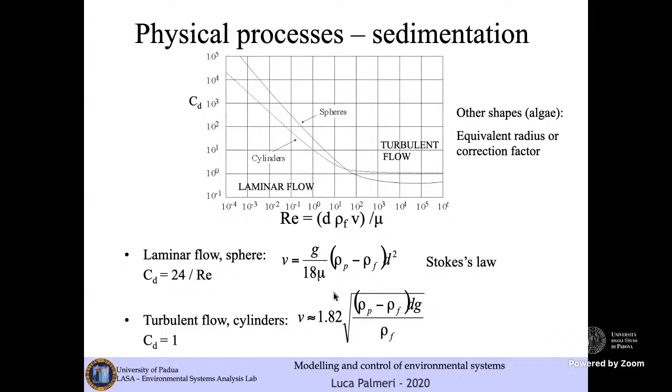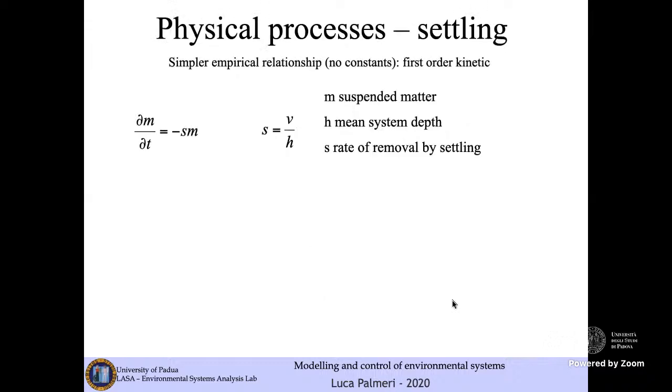In this case, we obtain for the settling velocity this approximation: 1.82 times the square root of the difference of the density of particles and fluid, multiplied by the diameter and the gravitational acceleration g, divided by the density of the fluid.